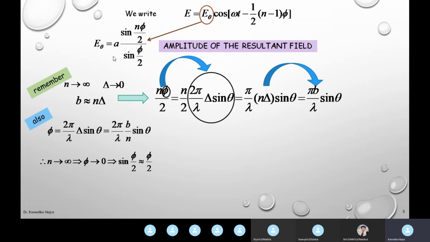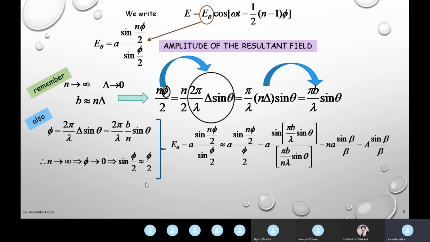So the expression of E theta, which was A sine n phi by 2 by sine phi by 2, becomes A sine n phi by 2 by just phi by 2, because phi tends to 0.